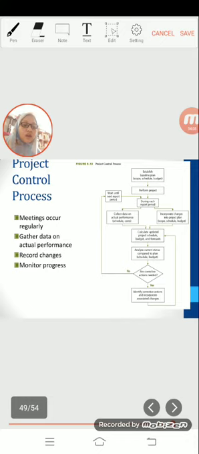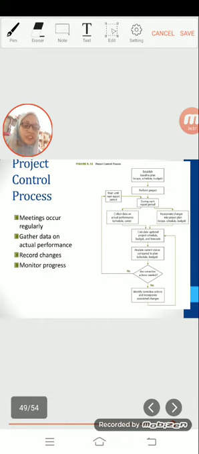Gather data on actual performance. Record information on changes to the project scope, schedule and budget. The key to effective project control is measuring actual progress and comparing it to planned progress on a timely and regular basis and taking any needed corrective action immediately.